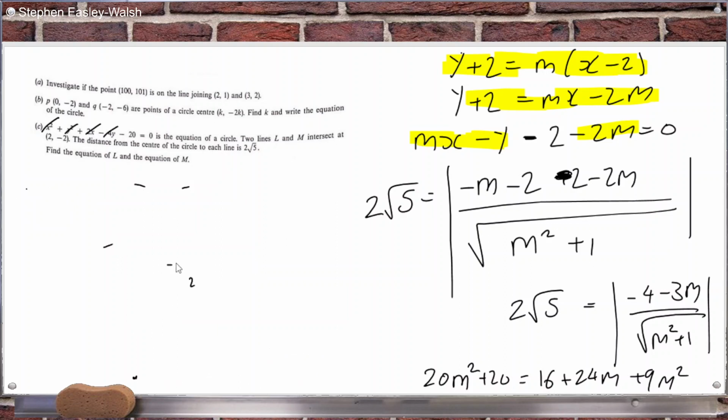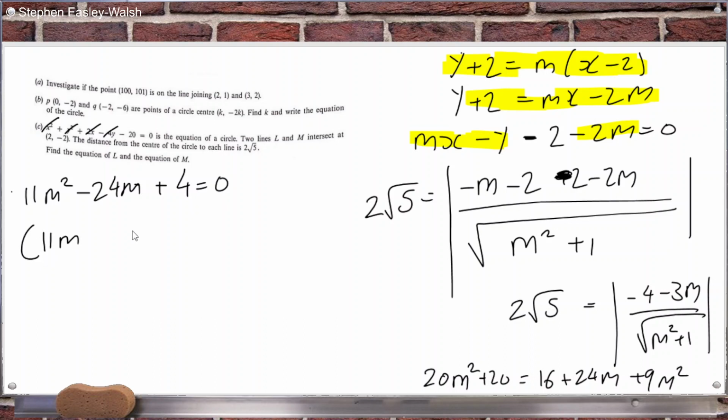Let's have a look. So hopefully I'll get 2 nice answers for m. So taking everything to the left, that would be 11m squared minus 24m plus 4 equals 0.